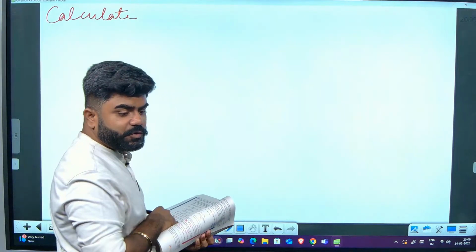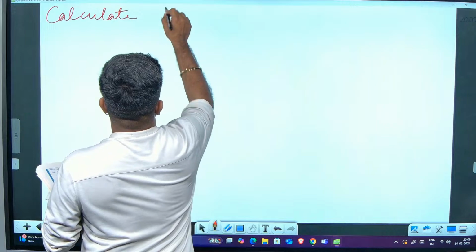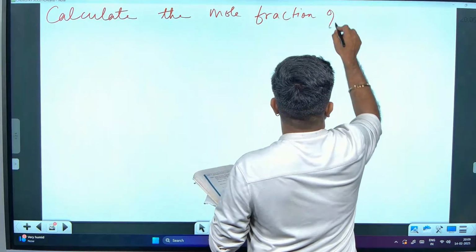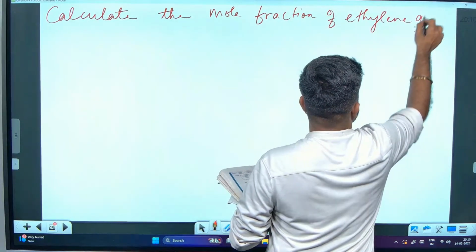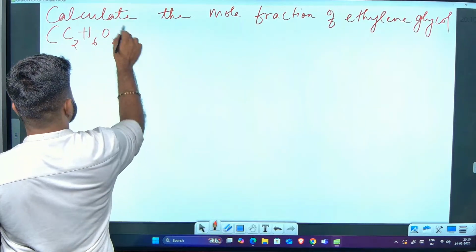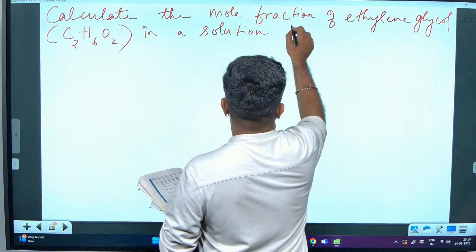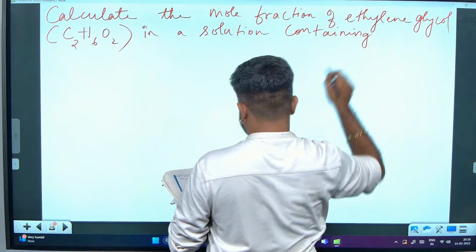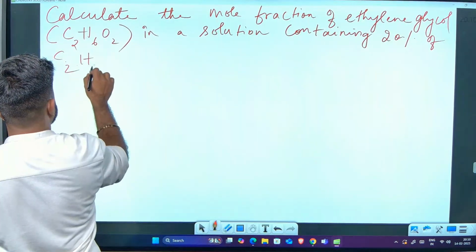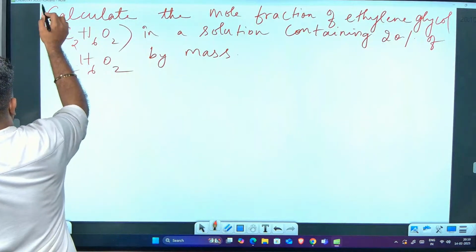Calculate the mole fraction of ethylene glycol, which has the molecular formula C2H6O2, in a solution containing 20% of C2H6O2 by mass. I want all of you to close the textbook. The textbook is not needed. When I ask you to refer, that time you can refer.